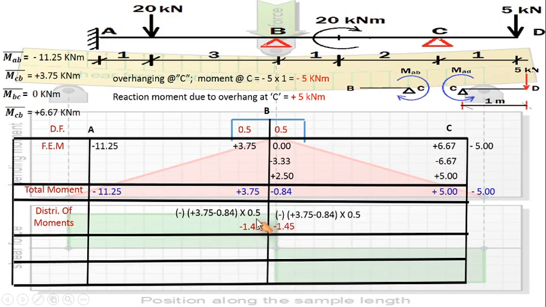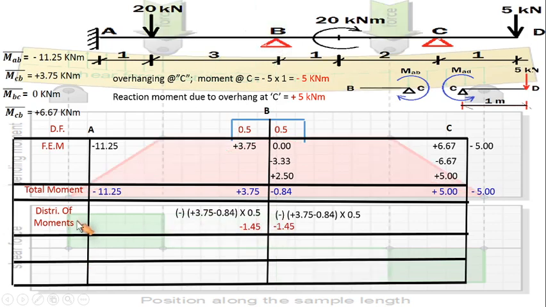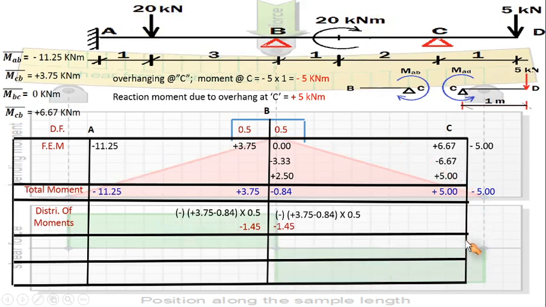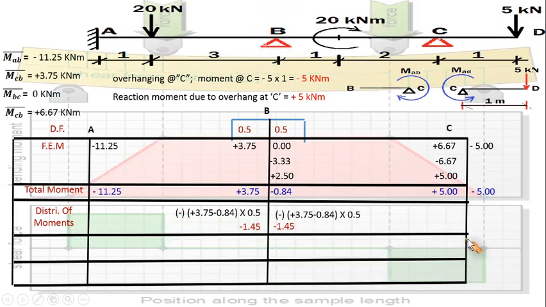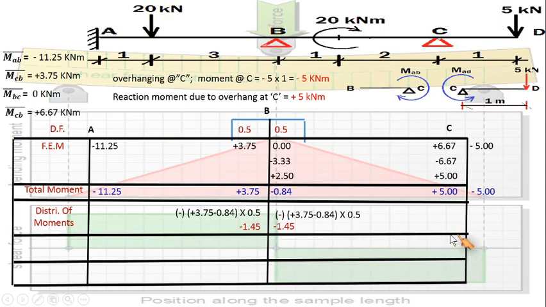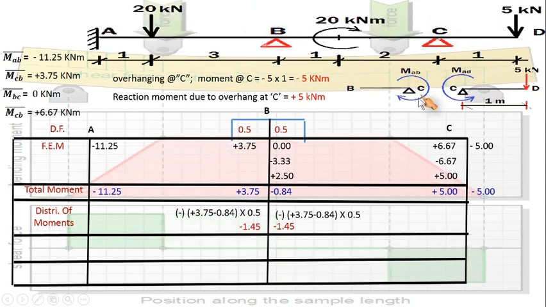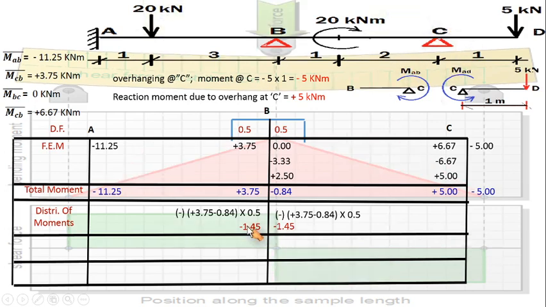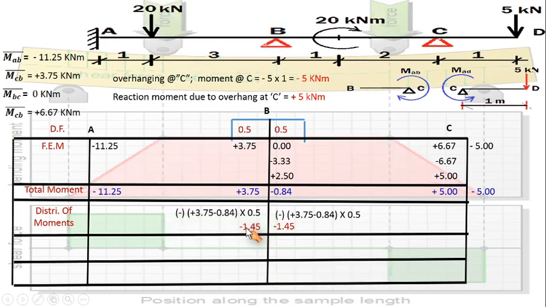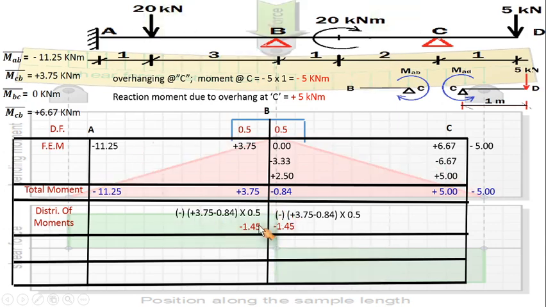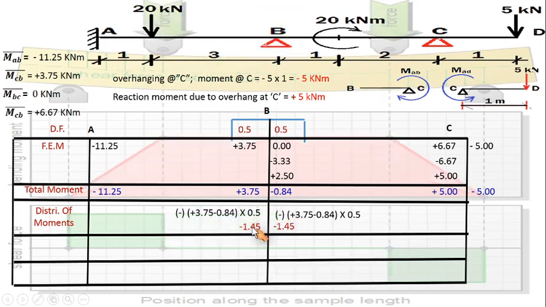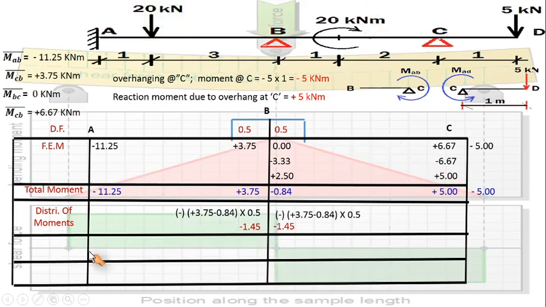Now as far as the far ends are concerned, for B, A is fixed, and for B the far end is C, which is a hinge. So no distribution will be taking place towards joint C because it is simple, but obviously there will be a carrying over of the moment which is already distributed at joint B toward the end A.